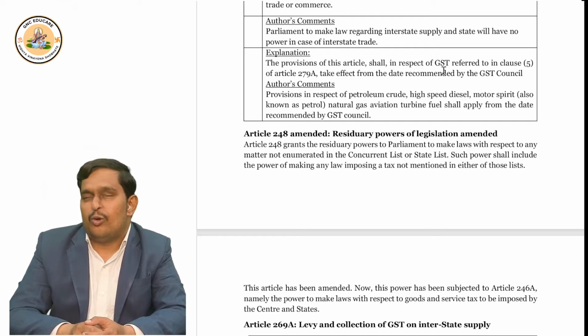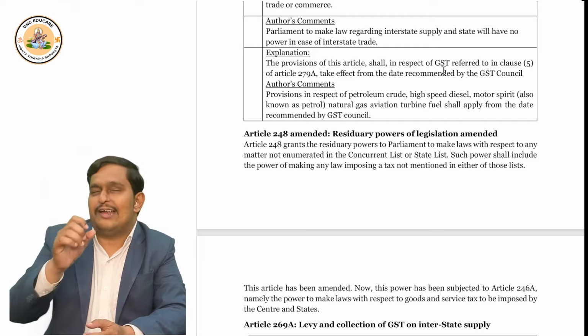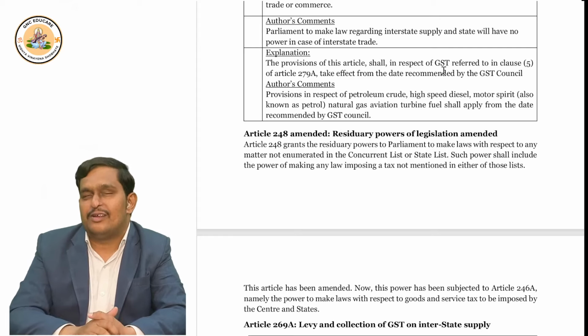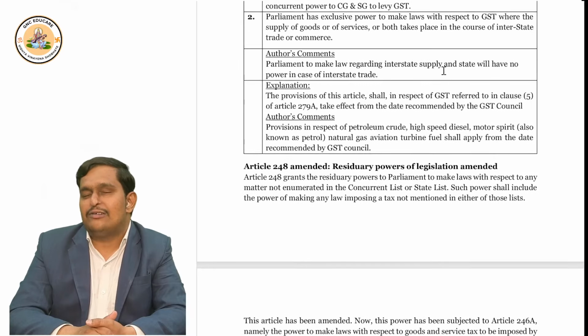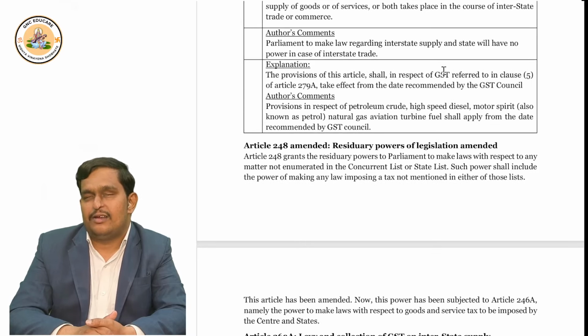Now, if central and state are collecting so much tax on petroleum products, why will they include them in GST and lose the revenue? They will not. So that's why as of now it is not included. But Article 279A talks about the GST Council and says that they have the power to give notification to include petroleum, natural gas, aviation turbine fuel in GST. They have that power.